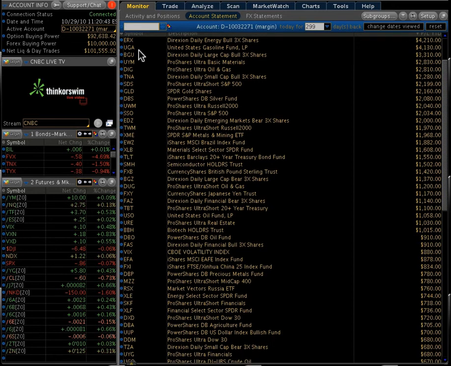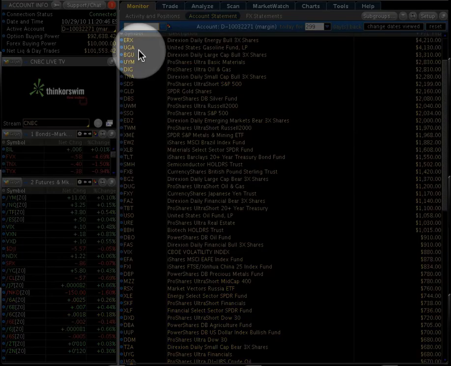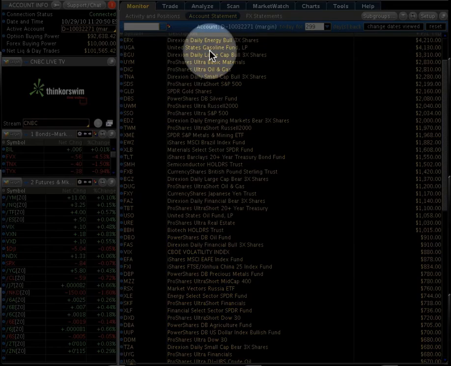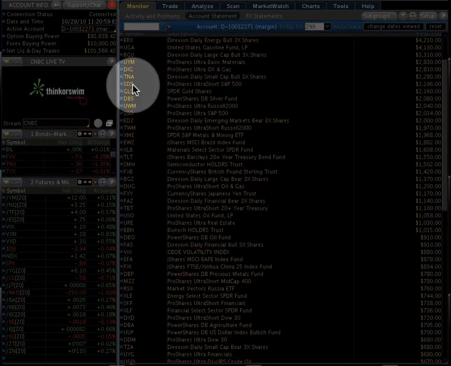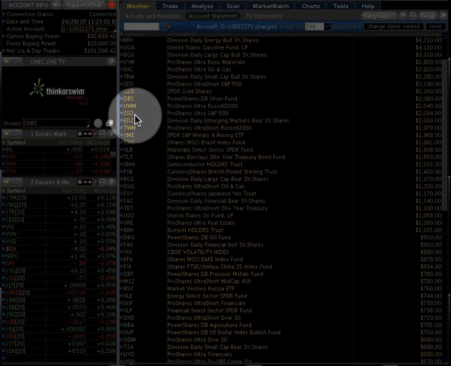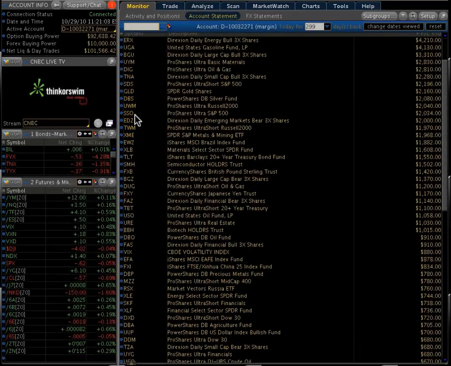This trading account was configured as a multi-asset class portfolio. With the trade products, you see UGA, gasoline, a commodity index. You also see leveraged equity indexes tracking the S&P 500, like the SDS as well as the SSO.